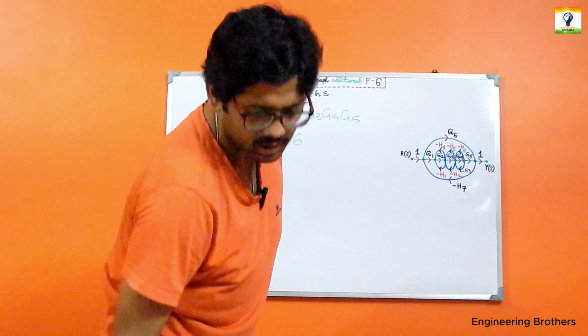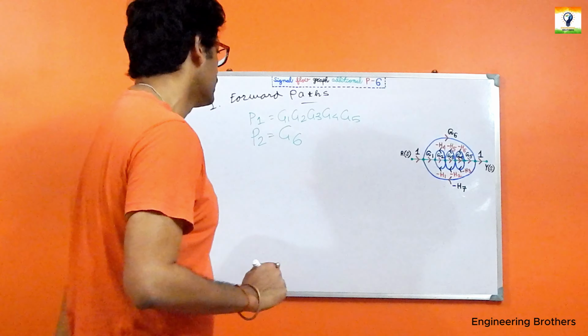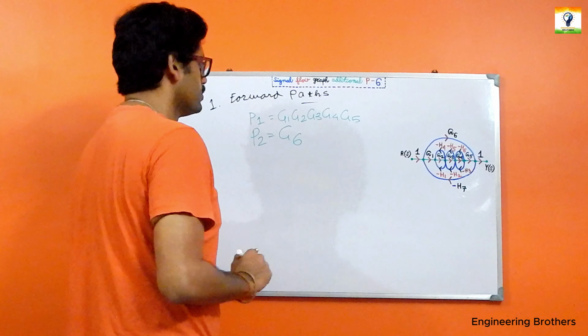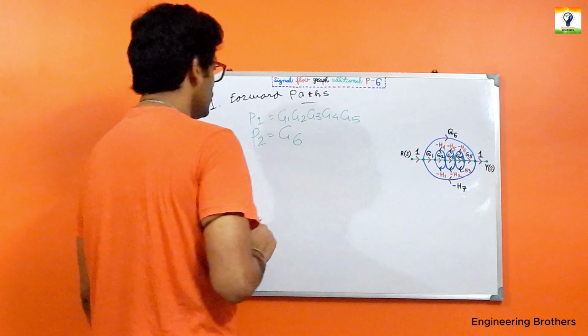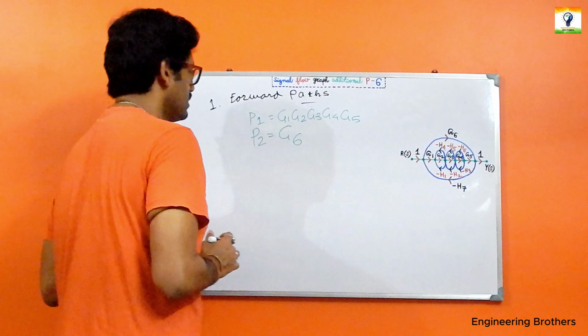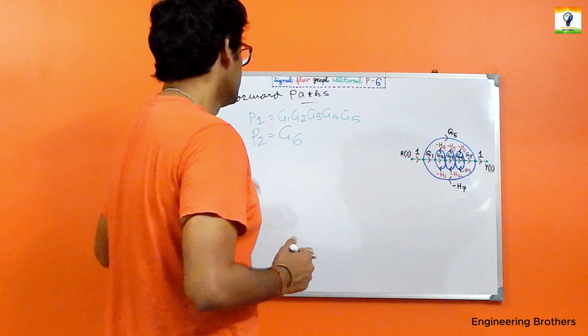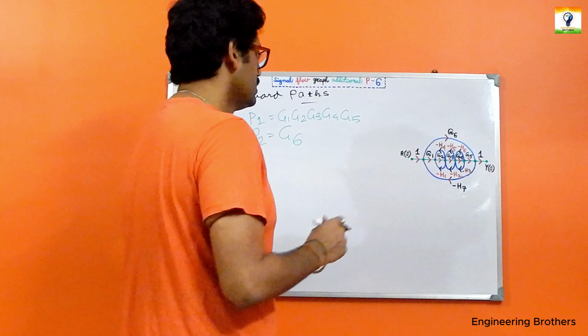This is our first step, finding the 2 forward paths. In the next stage, we should find our individual loops in order to form the expression for delta.